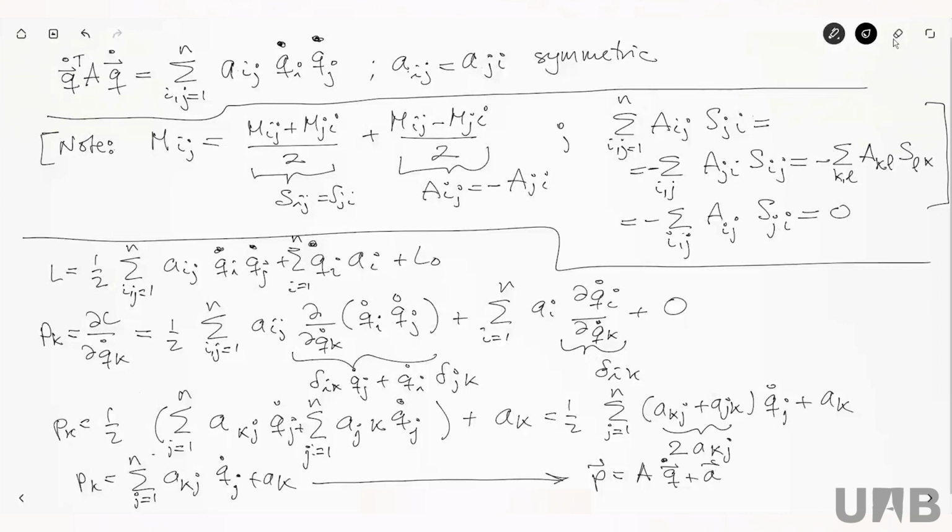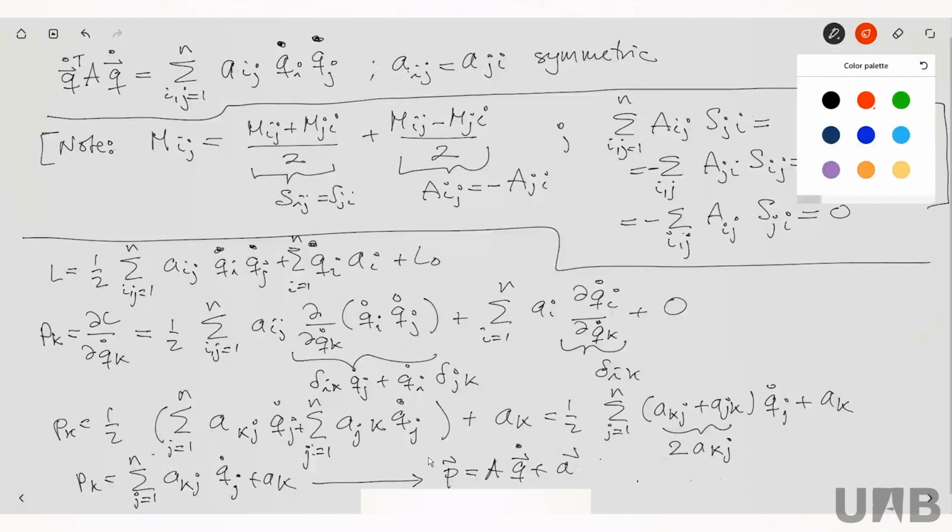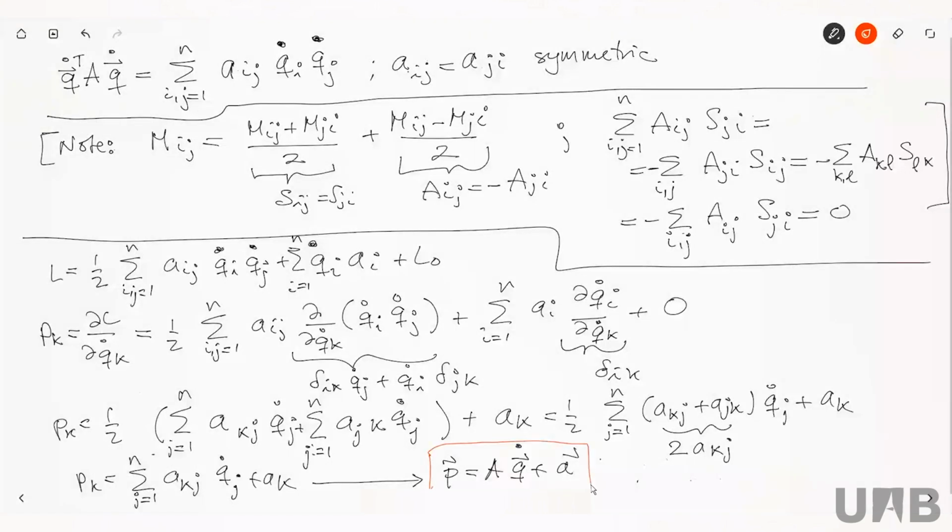Okay, so I'm going to write it again here so that I can frame it. I can put it in a frame. Okay, so p equals A q dot plus little a. And this is important, so I frame it.